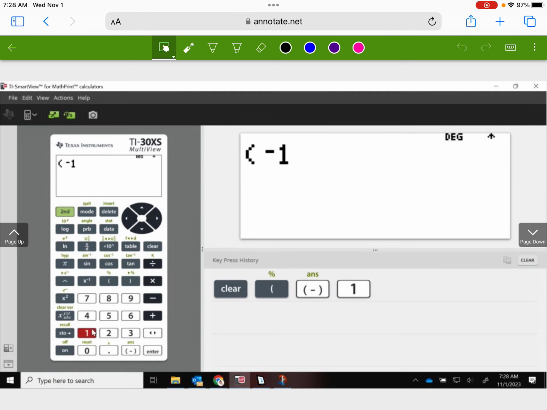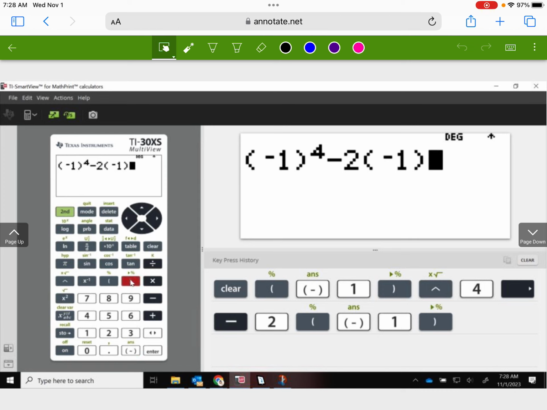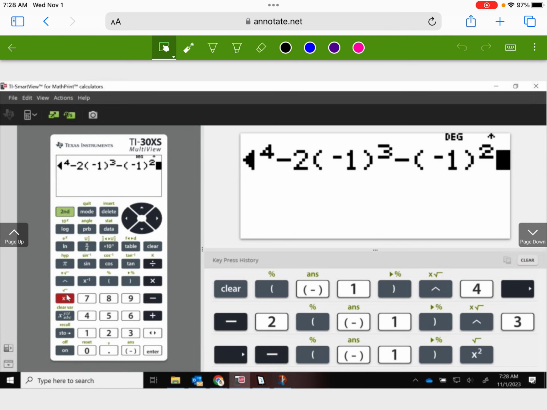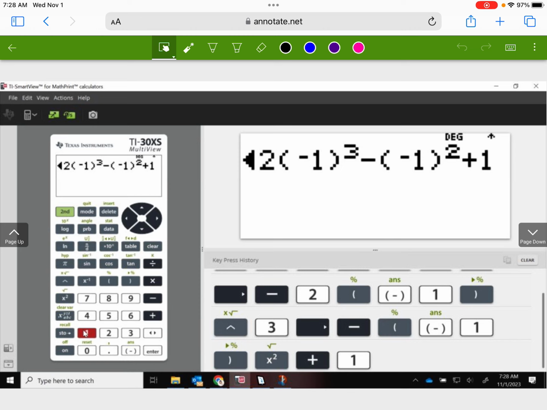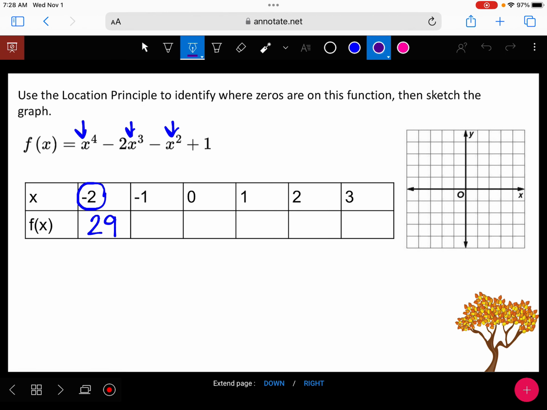So we're going to do our -1 to the 4th minus 2 times negative 1 to the third minus negative 1 squared plus 1. And we get 3. That's significantly more manageable. So when we substitute in negative 1, we get 3.